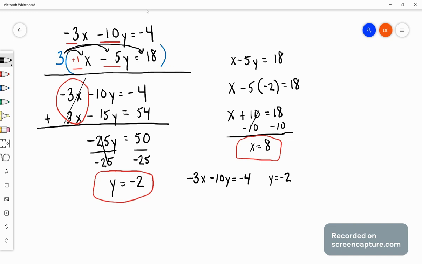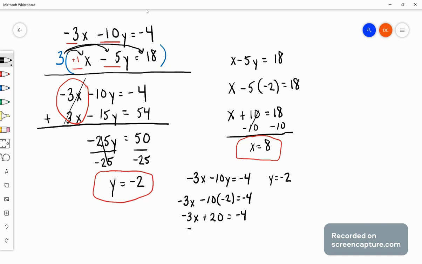So negative 3x minus 10 times negative 2 equals negative 4. So we have negative 3x, negative 10 times a negative 2 is plus 20, equals negative 4.